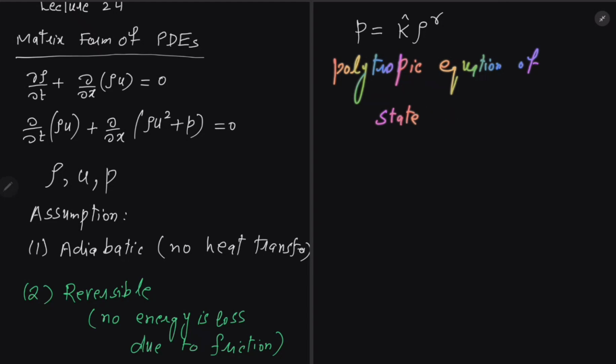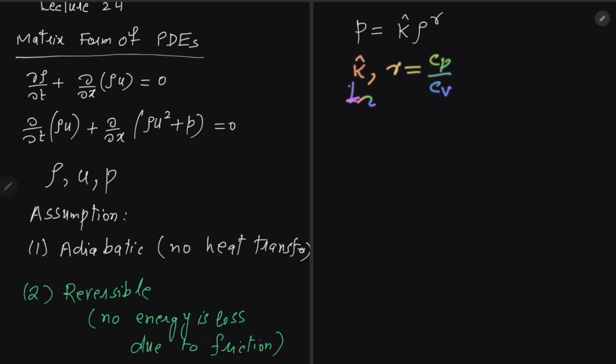This equation is derived in thermodynamics by using the equation of state, but it has some particular relation. K hat and gamma are constants. Gamma is famously known as Cp over Cv, and K hat is just a constant.